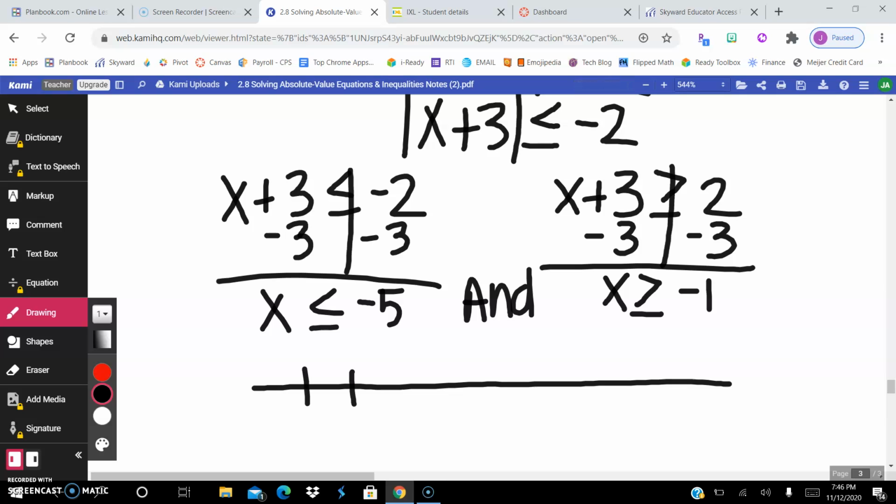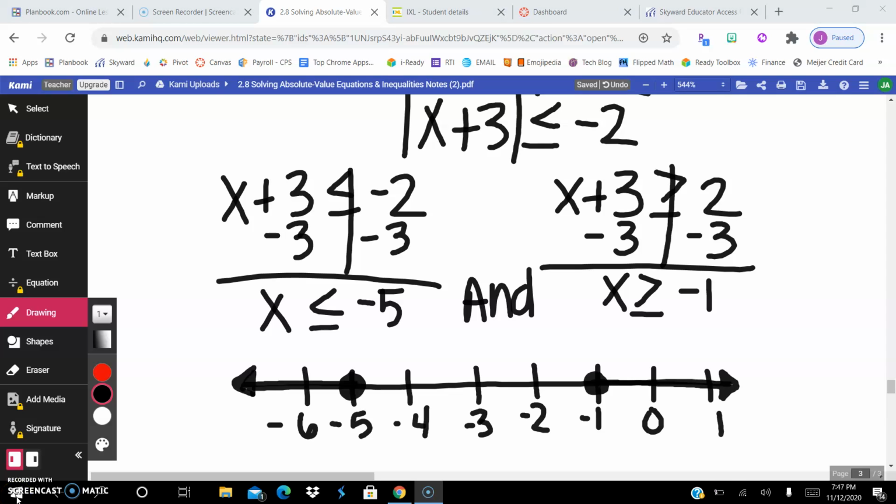If I graph this, this is what it would look like. Our x is less than or equal to negative 5, so anything to the left of negative 5. And then x is greater than or equal to negative 1, so anything to the right of negative 1. And notice this was an and because of the inequality symbol that it gave us.